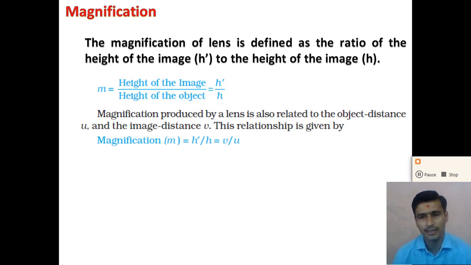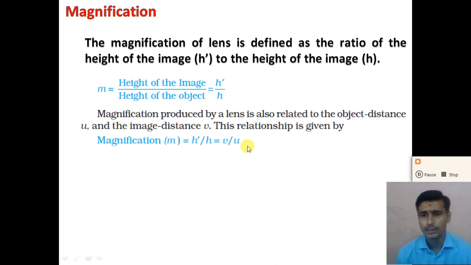So magnification can also be expressed in terms of the image distance and the object distance. The magnification produced by the lens is also related to the object distance u and the image distance v, and it is given by the formula v divided by u.